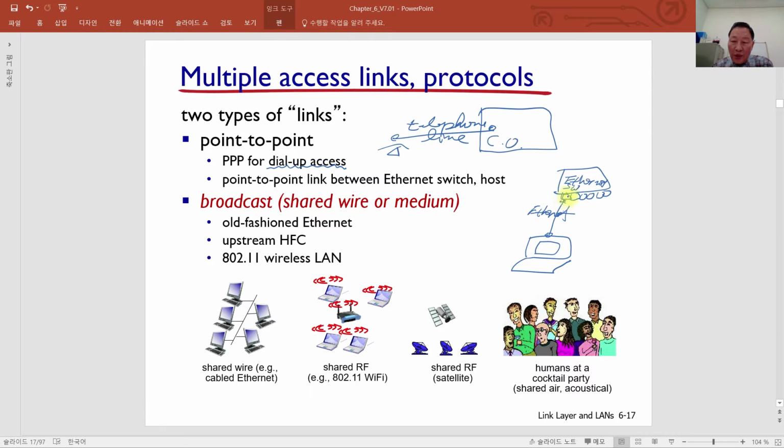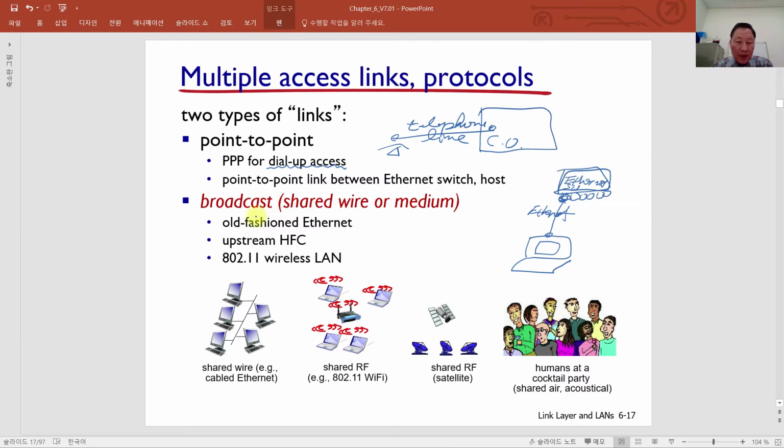If we are using this one, then this is called a point-to-point link. But a long time ago, this one was a hub. In that case, that is not point-to-point. But if this one is an independent channel, independent interface, then we can say this one is a point-to-point link.